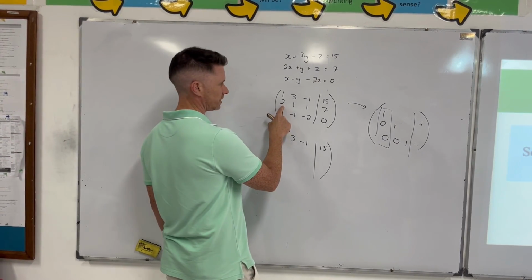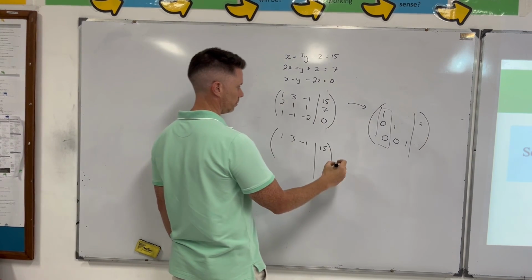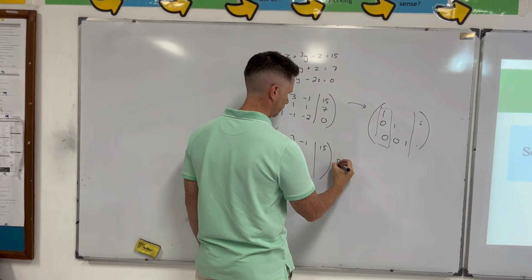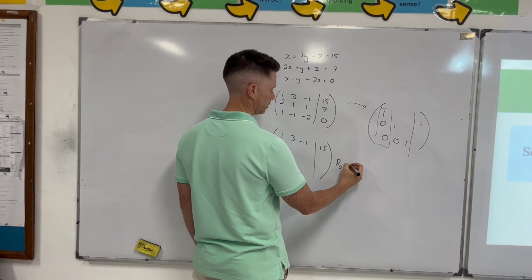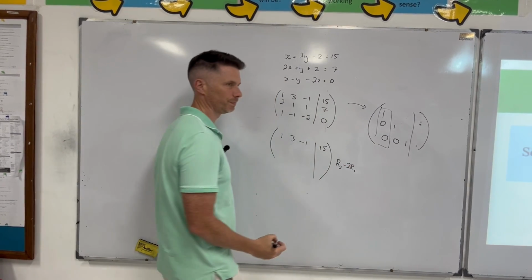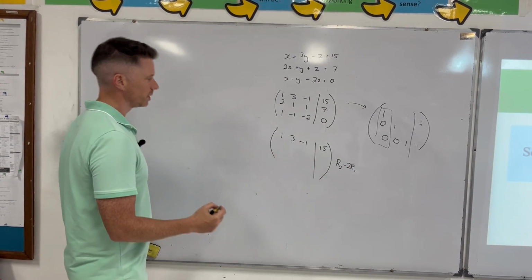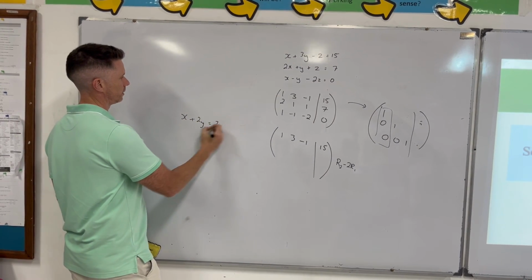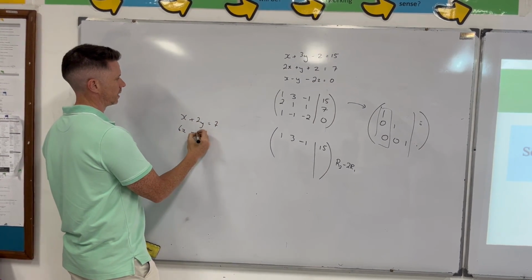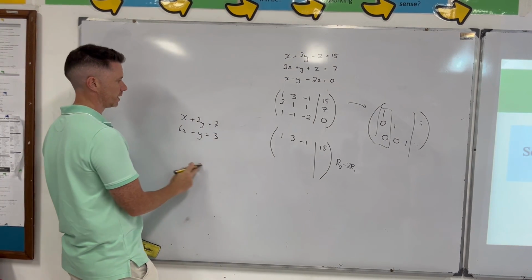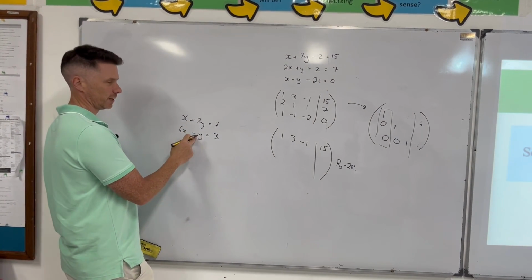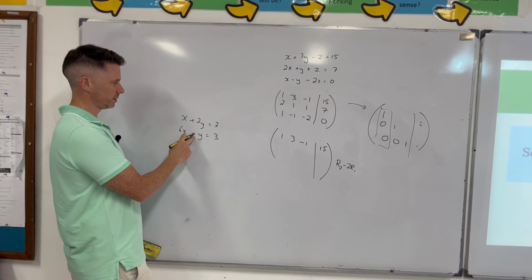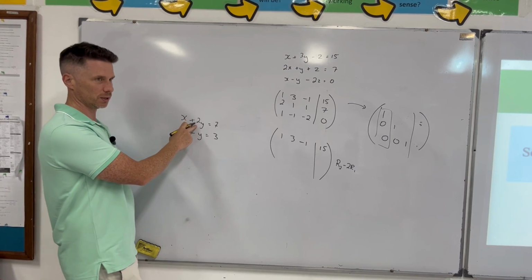So how do I get this down to 0? Well, I'm going to take row 2 and subtract 2 row 1s from it. A bit like in simultaneous equations, when you've got x plus 2y is equal to 7, and 6x minus y is equal to 3. What you might do is add 2 of these rows to this, and the y's will disappear.